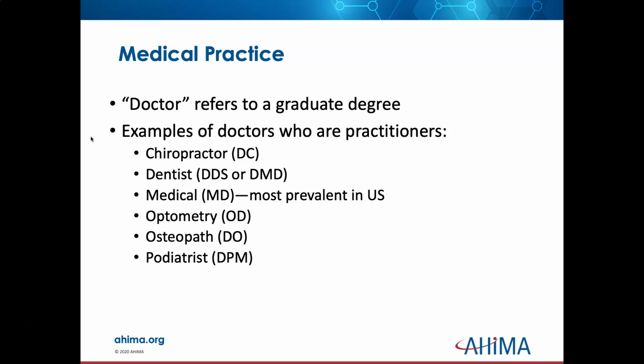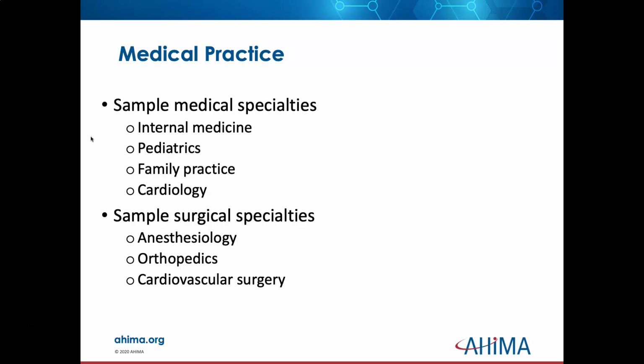They're trained a little bit differently, but they are the equivalent of each other. A podiatrist is a doctor of podiatric medicine. So you've got all of those. In a medical practice, they typically are arranged by specialty, and this gives you some examples of specialties, whether they're medical or surgical.